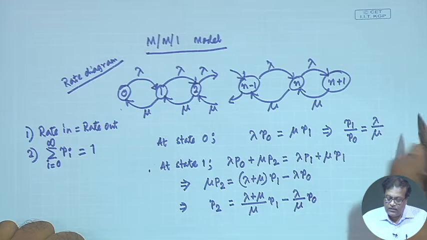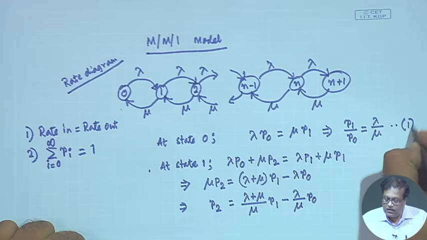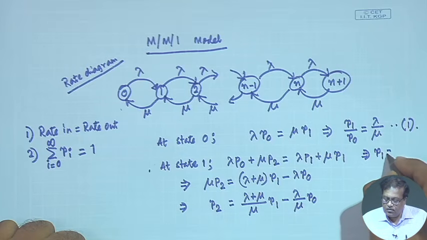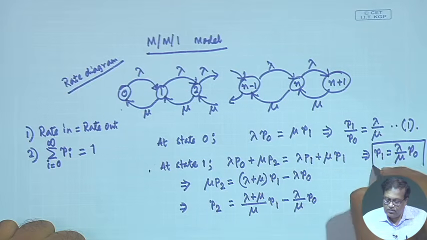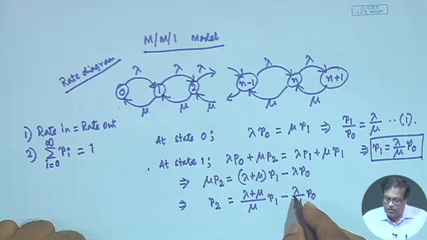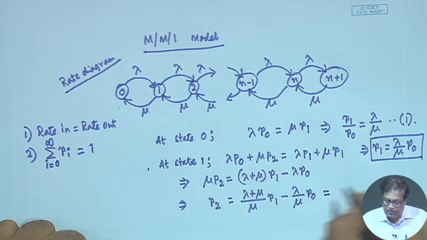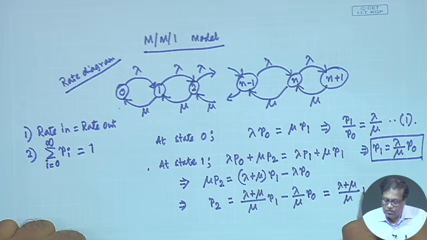But look at the first relation. From the first relation we can say P1 equal to lambda by mu P0, is it not? This can be derived from the first relation. Now, here we have lambda by mu P0. So, we can write (lambda plus mu) by mu P1 minus simply P1.